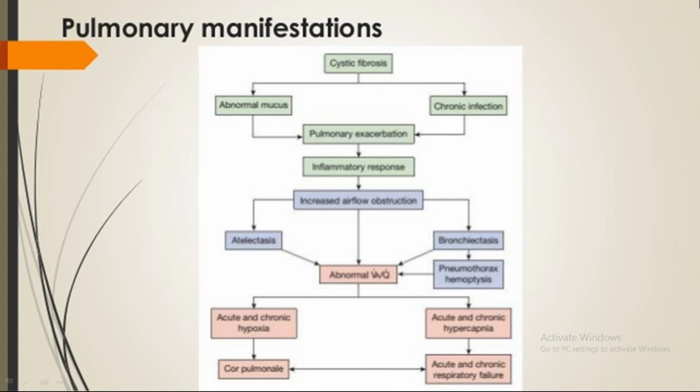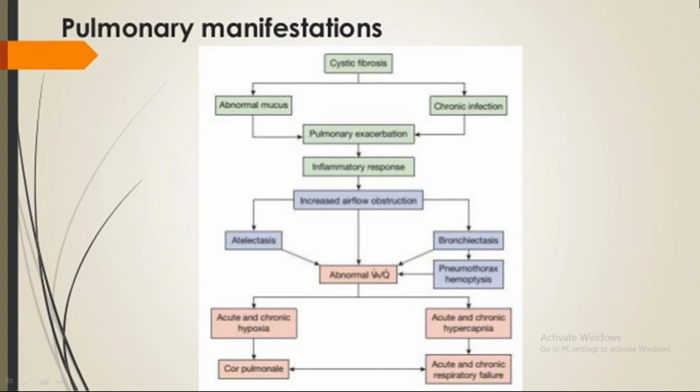Due to pulmonary exacerbation, it can lead to an inflammatory response, which in turn leads to increased airflow obstruction. Airflow obstruction can lead to atelectasis. Due to the collapse, there will be abnormal ventilation perfusion mismatch. Due to obstruction, it can also present as bronchiectasis, leading to pneumothorax or hemoptysis.